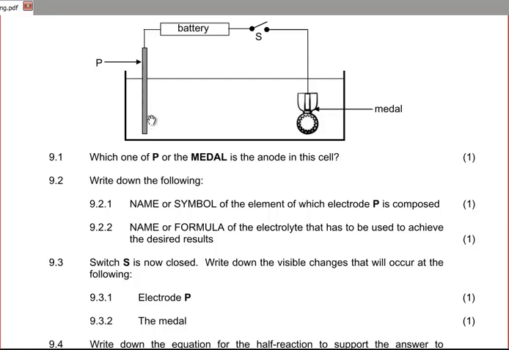So those are the 2 changes which we are going to make. Firstly, replace the silver solution with a copper solution or a soluble copper salt. And secondly, replace our electrode with a copper electrode. So those are the answers which we are having.